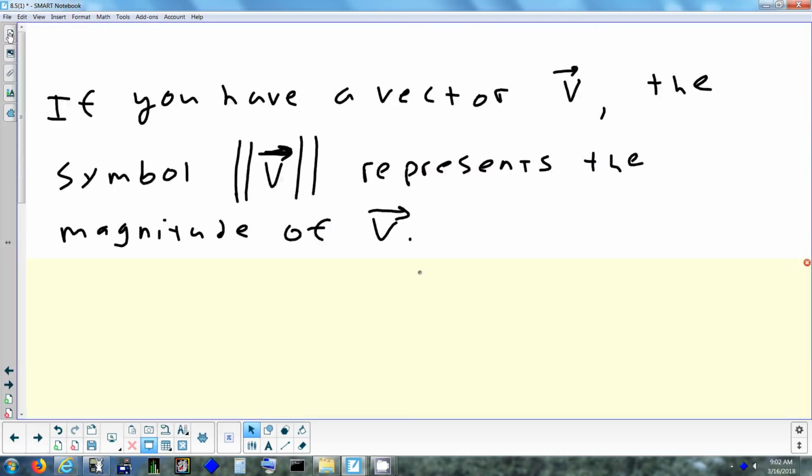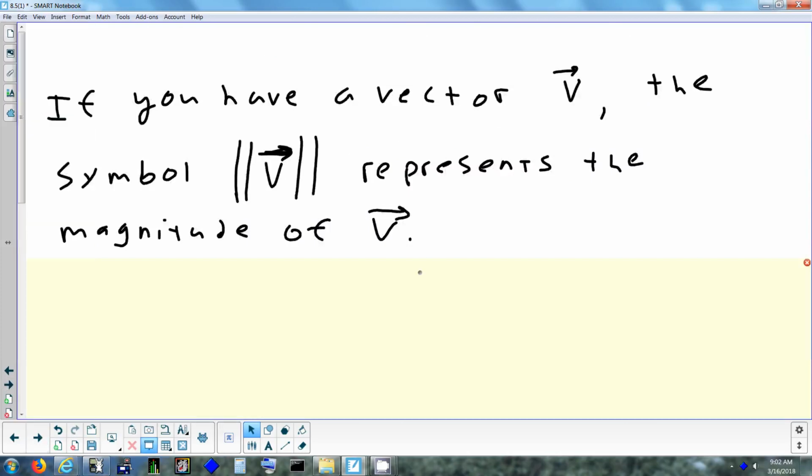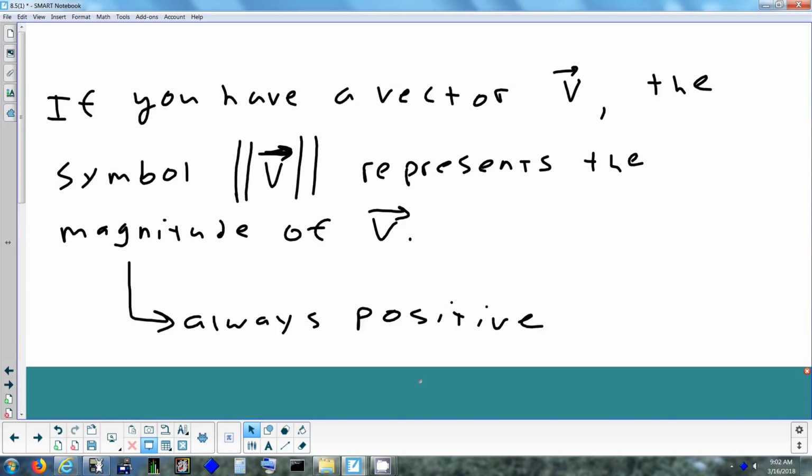So that symbol means magnitude. I should mention too, it's always positive, because magnitude is a distance, and there's no such thing as negative distance.